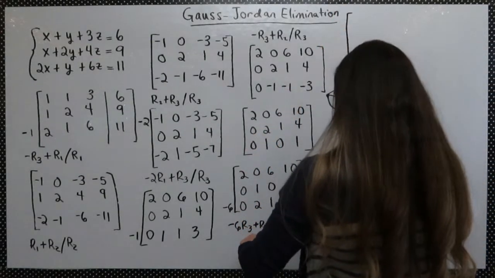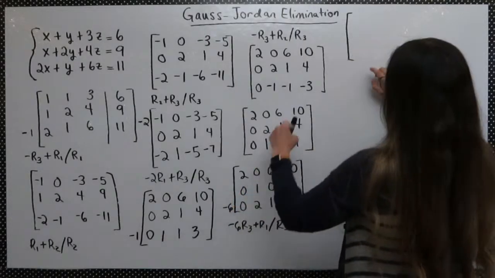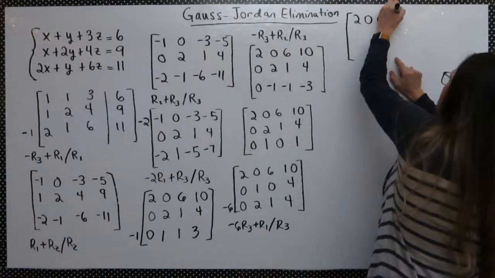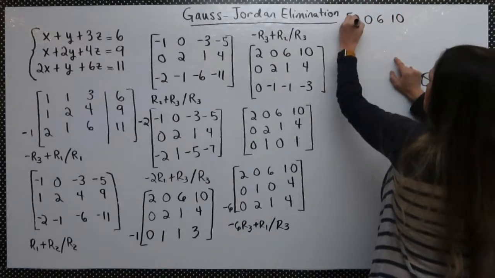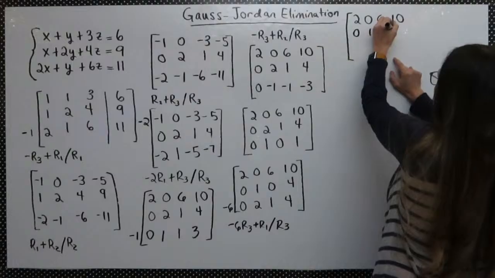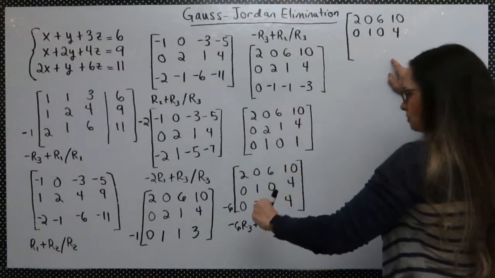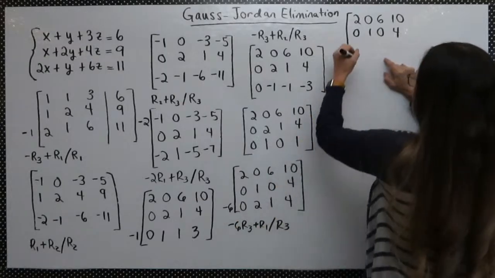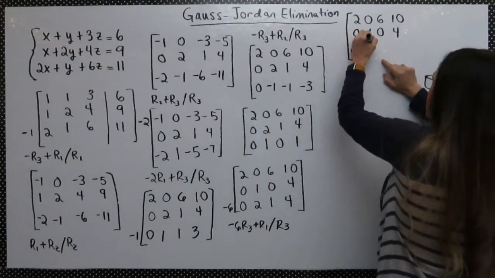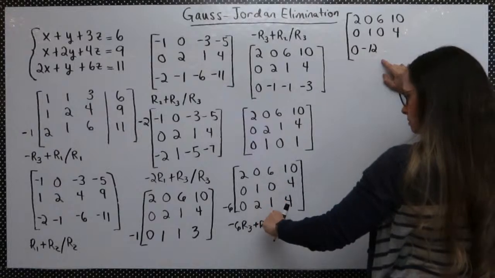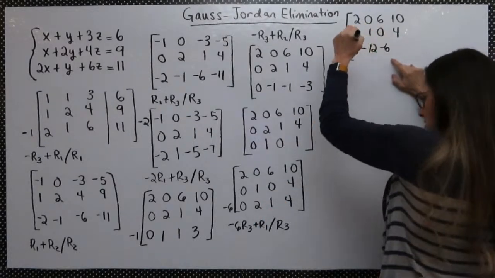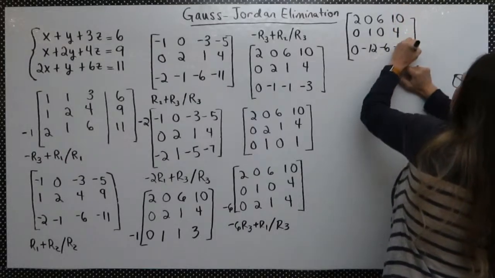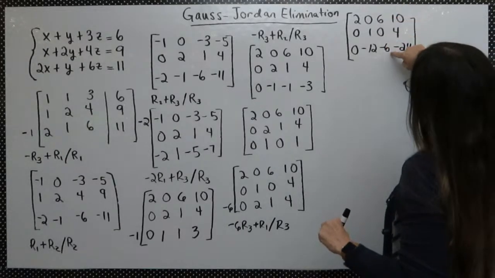So we're going to go ahead and copy both those two down. 2, 0, 6, 10, and 0, 1, 0, 4. And then we're going to multiply 3 times 6, so we get 0, -12, -6, and 6 times 4 is -24. And then I'm going to add row 1 and row 3.